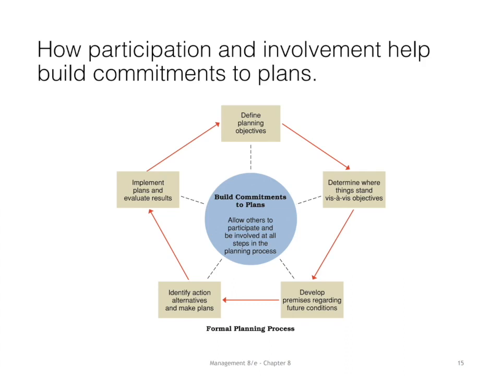Firstly, we define planning objectives, then determine where things stand vis-a-vis objectives, develop premises regarding future conditions, identify action alternatives, and implement the plan and evaluate. Okay, every person has to participate in this activity. That is the meaning of participation and involvement.